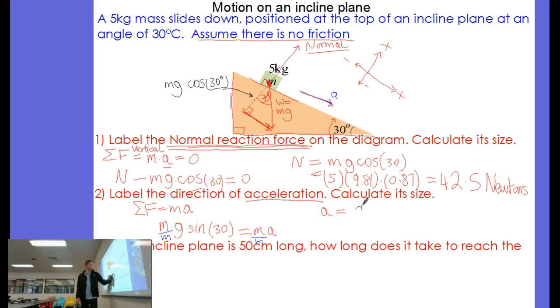So acceleration in this scenario is just the gravity, but sine of the angle. That there is a little useful rule for sliding down an inclined plane where there is no friction.